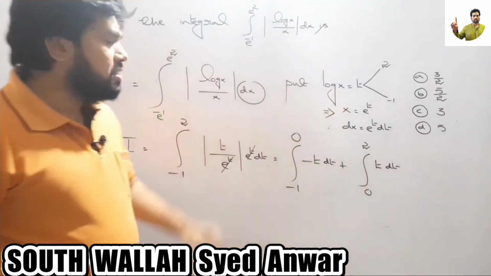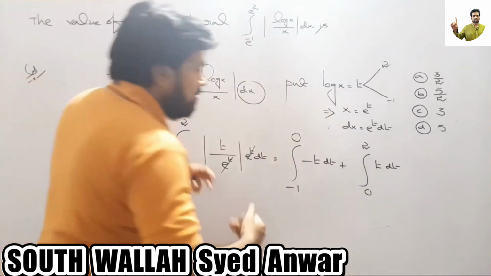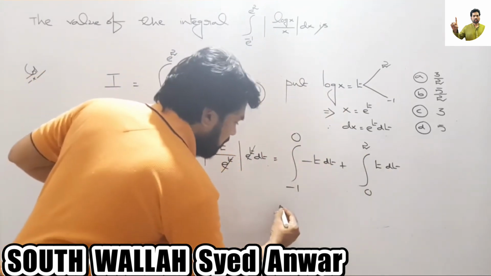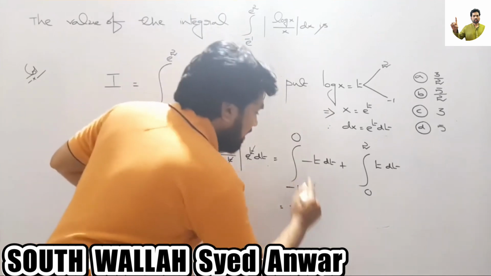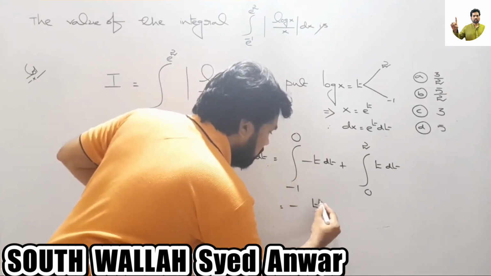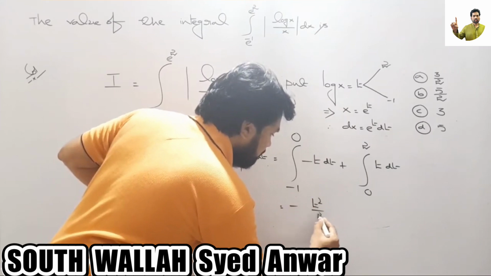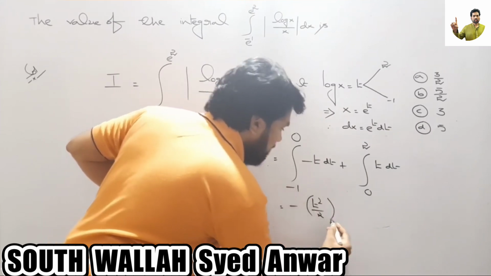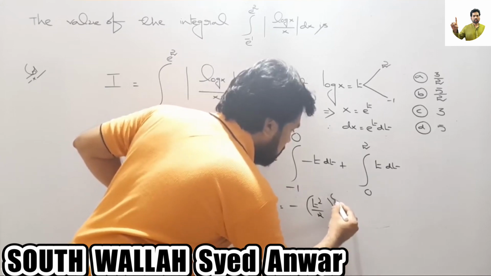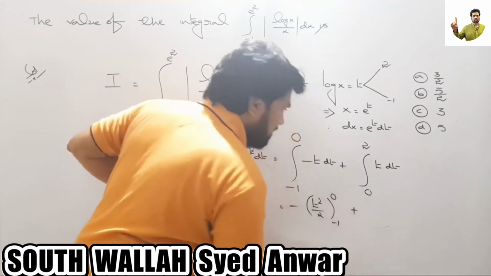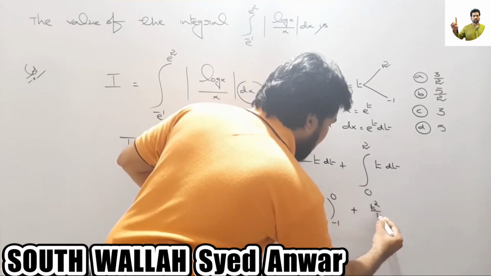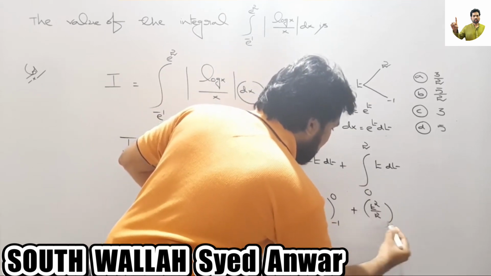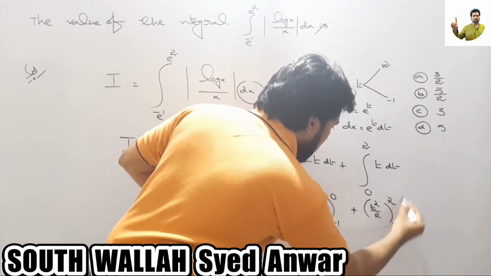So normal integration we have to apply, then we will substitute the limits here. That is equal to, I will write the minus outside. Integral of t is nothing but t square by 2, with limits minus 1 to 0, plus here integral of t is t square by 2, but here the limits are 0 to 2.